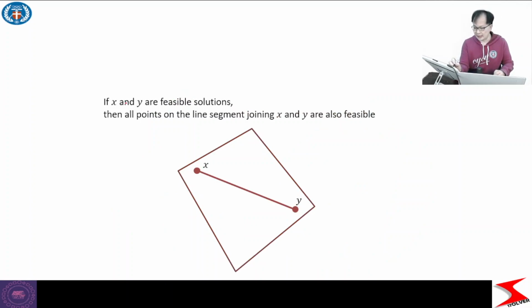Because x and y are feasible solutions belonging to the convex set, and z is the combination of x and y, we know any z on this line segment is also a feasible solution in the convex set.